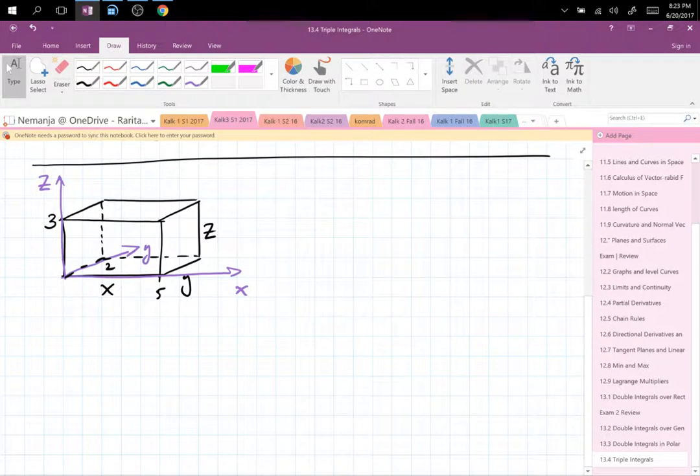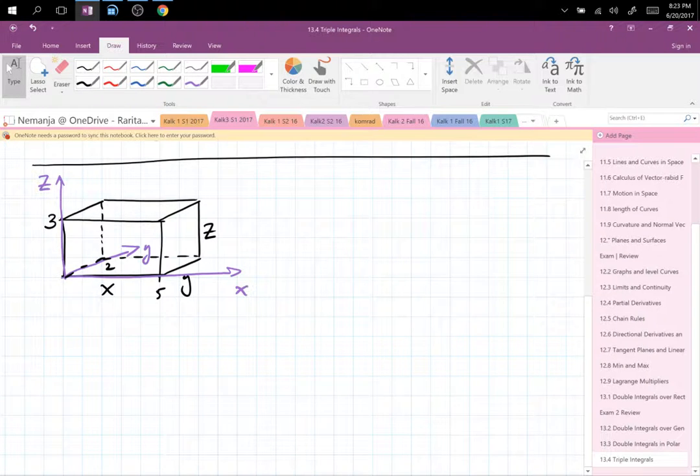The vanilla, let's call it like that, which is a rectangular triple integral, right? The most basic one would have all the numbers in their limits, just like the double integral over a rectangular region, not over a general region.